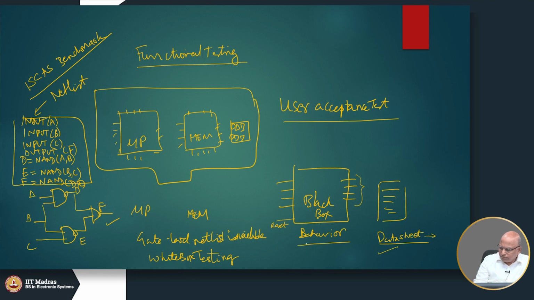Okay. If that is all you know, then you have no choice but to use functional testing. Okay. So, user acceptance test is usually the functional testing only, because we do not know anything else. Okay.